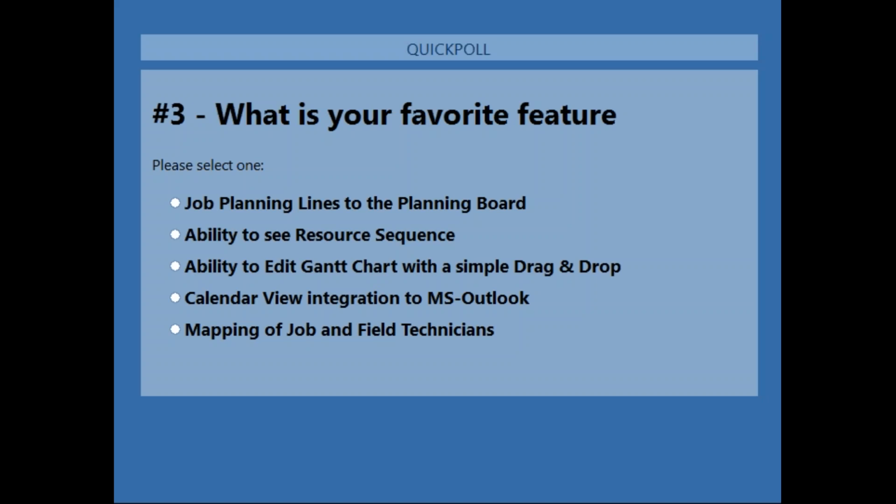Ability to use the resource sequence functionality? I didn't show much of that. Ability to edit the Gantt chart with a simple drag and drop? Calendar views that integrate with MS Project? With MS Outlook? And then mapping. Some of the people like the ability to map and see where their technicians are based on the job location for the field technician.